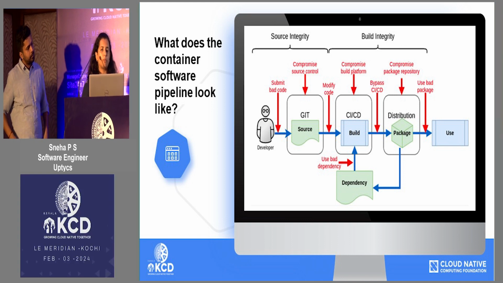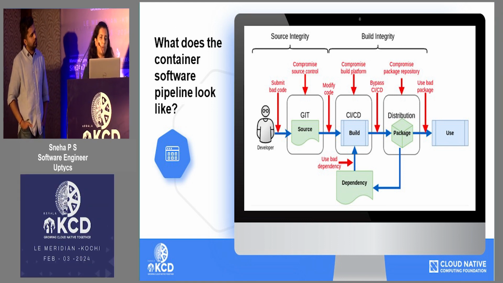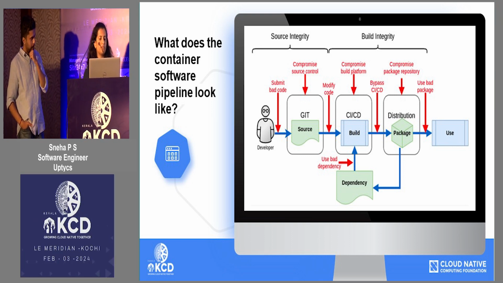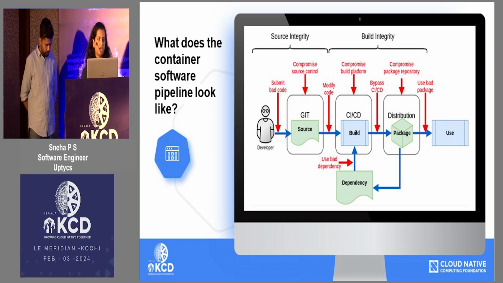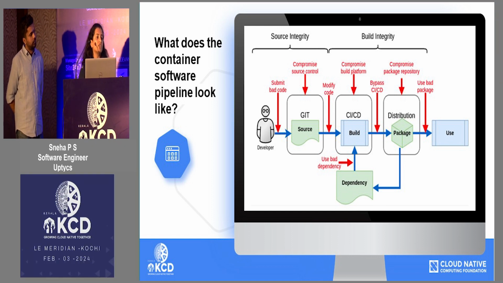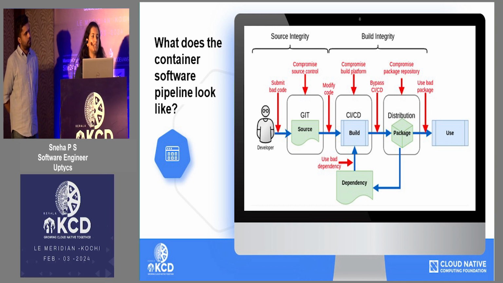Each of those components needs to have security enforced on it, as well as the whole image build process as we move from point A to point B also needs to have security in there. So everything needs to have security in silos as well as when it is functional. Until and unless you have both these integrated, you cannot say your application that you built is secure.